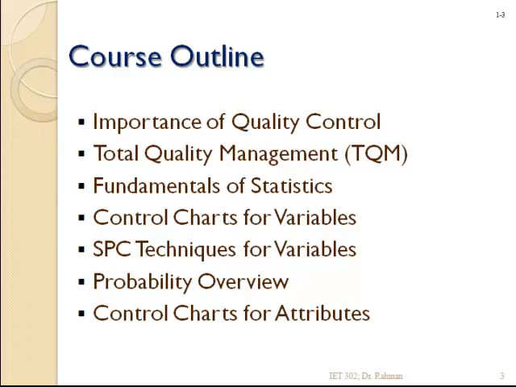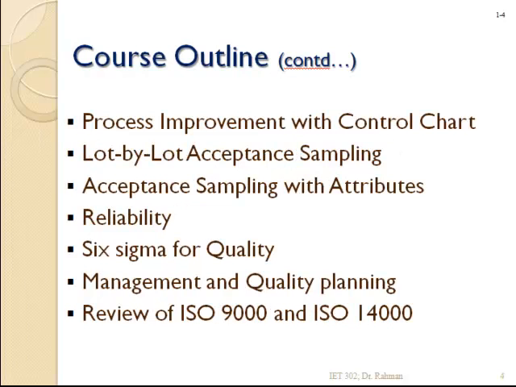And then we will cover the probability overview, control charts for attributes, process improvement with control charts, lot by lot acceptance sampling with attributes, reliability, Six Sigma for quality management, and quality planning. And after that, if we have time, we will cover ISO 9000 and ISO 14000.